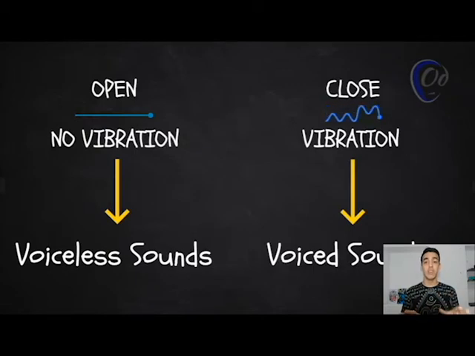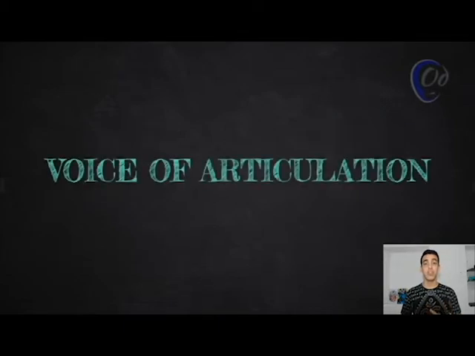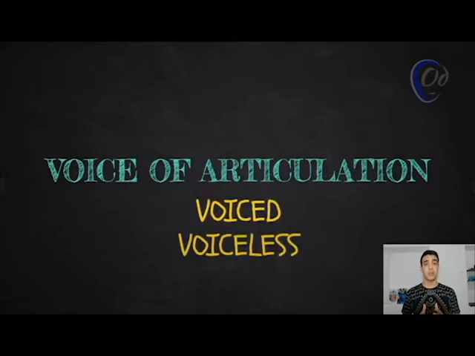With no vibration, they are voiceless sounds. So these vocal folds are open. Okay, please check this. So this is voice of articulation. Voice of articulation is the first way that we are going to use to classify sounds, voiced and voiceless.